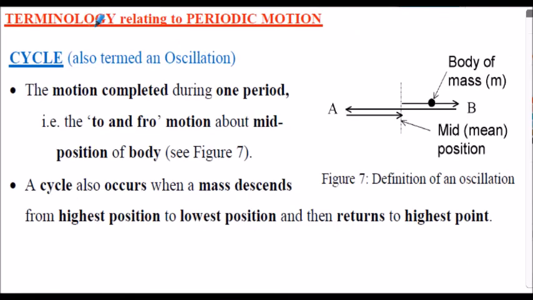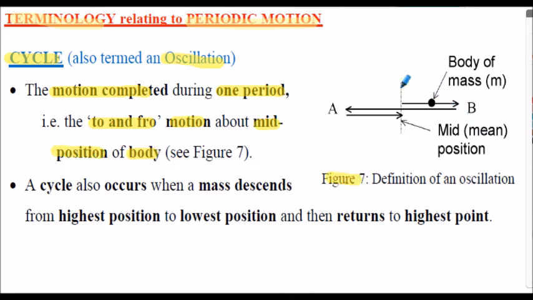Let's consider some terminology associated with periodic motion. We have considered some of these terms previously in our mathematical presentation related to sinusoidal forms, but they're briefly outlined again here for reference. The term cycle, sometimes also termed an oscillation, is the motion completed during one period, i.e. the to and fro motion about the mid position or the equilibrium position of the body, shown in figure 7 here.